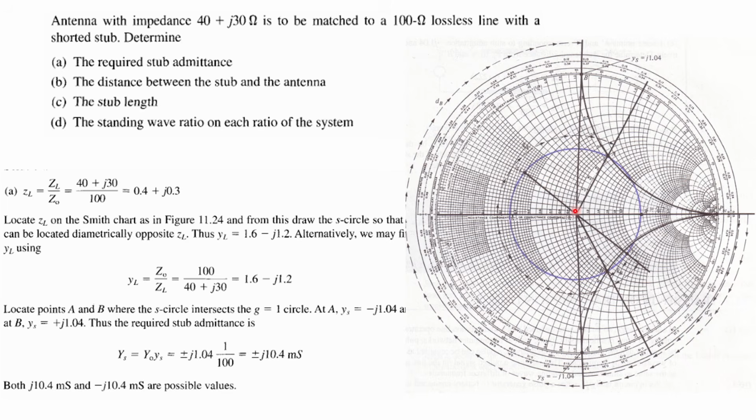Also, considering the distance from origin to ZL as a radius, draw a circle like this. Once you draw the circle, this is called the S circle. And wherever it cuts, suppose this point, this is your YL, the admittance, which is what is asked in your question.